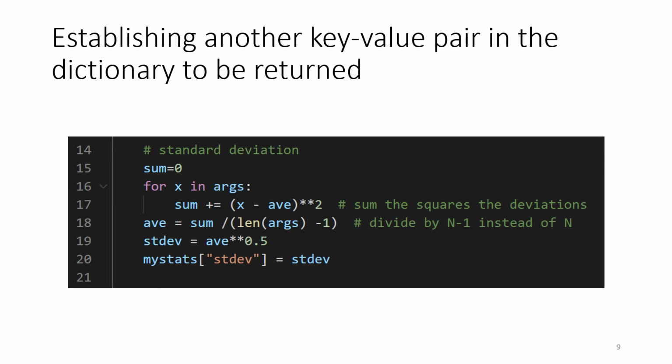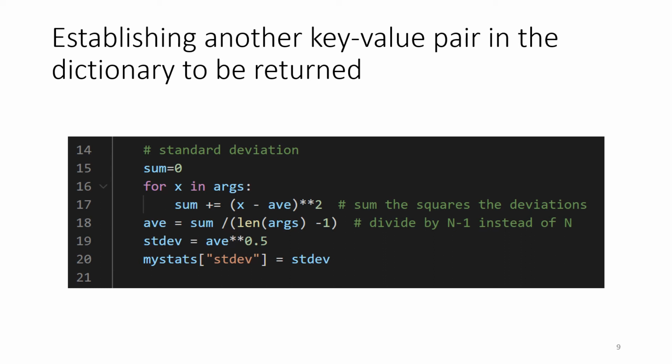In this example, our second key value pair for the stats function is going to be related to the standard deviation. So we're going to, again, start a sum variable at 0. We're going to loop over the iterable args. This time we're going to make a sum of the values x minus the average that was previously calculated.